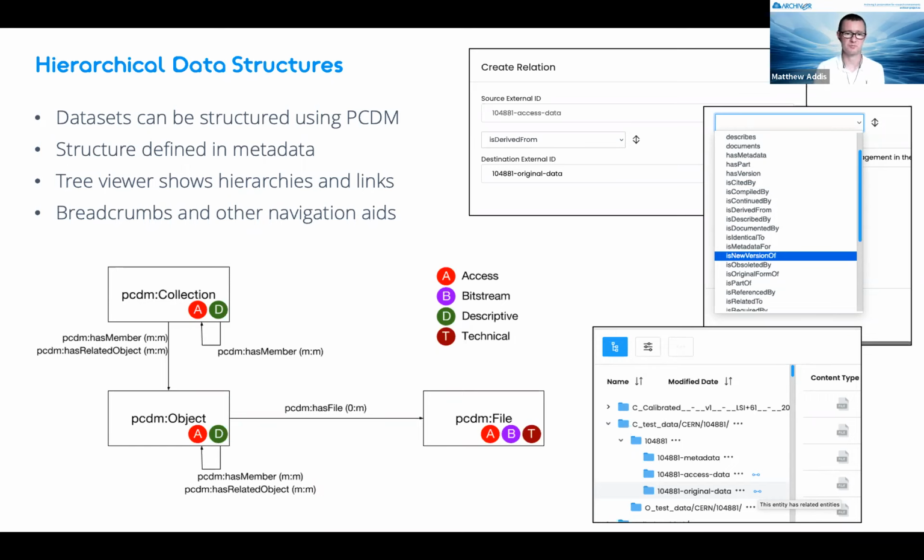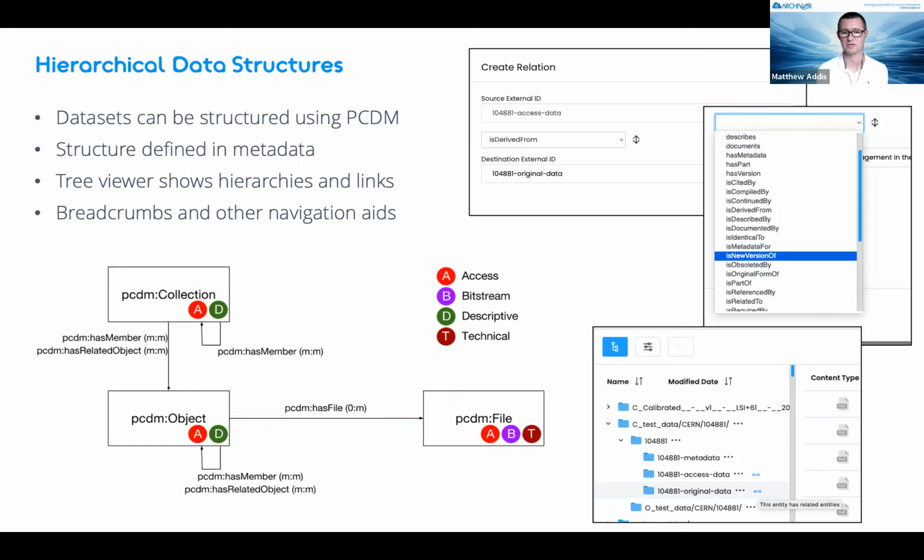So it's a really simple model of being able to say, well, I've got a set of files, they belong to a particular object, it might be a research object, and you can have one or more of those objects that belong to other objects in a sort of hierarchical structure, and those in turn can belong to one or more collections. So that enables data to be organized into data sets, collections of data sets, and you can have multiple hierarchies over the same set of files.